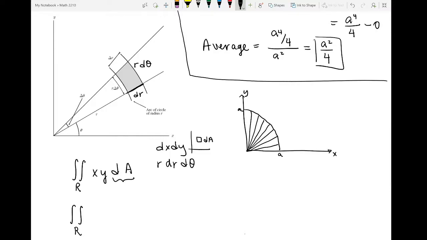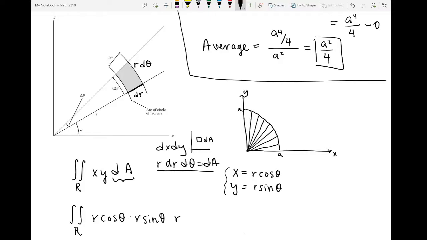We have this region now, x and y. Remember what happens with x and y in polar coordinates: x is equal to r cosine theta, and y is equal to r sine theta. So I can substitute these into my integrand, and I have r cosine theta times r sine theta, and dA in this case is r dr d theta.